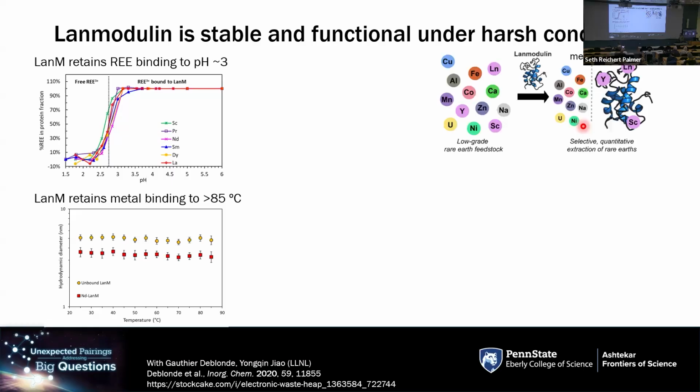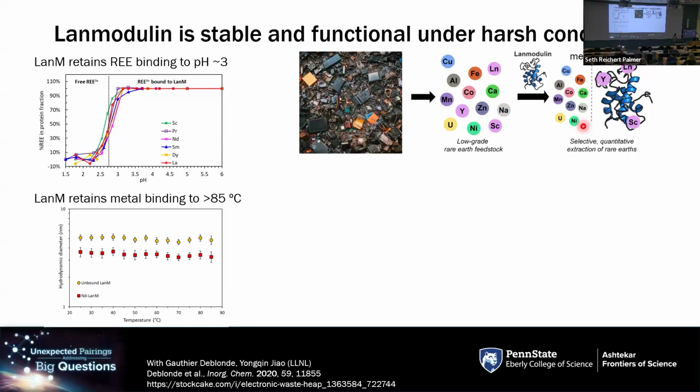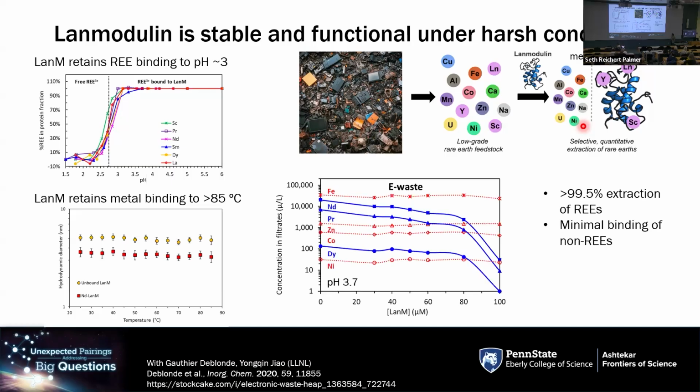And so we imagined that we could have the protein exposed to a number of different metal ions, including the rare earths, and then physically separate them and see what was bound to the protein and what was unbound from the protein. And we started by looking at a leachate of electronic waste, such as old cell phones, that has a lot of rare earths in it.